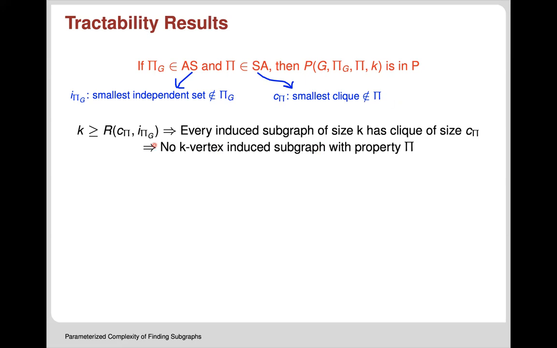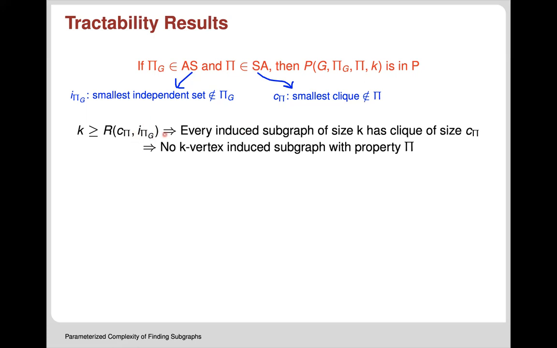Now, if k is greater than or equal to R(C(Π), I(Π_G)), then any induced subgraph of size k will have either a clique of size C(Π) or an independent set of size I(Π_G).